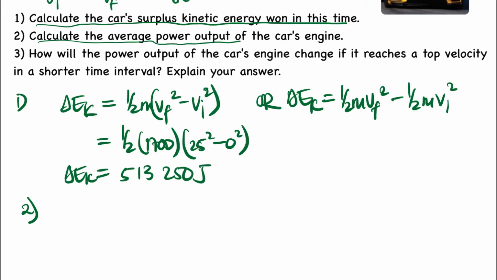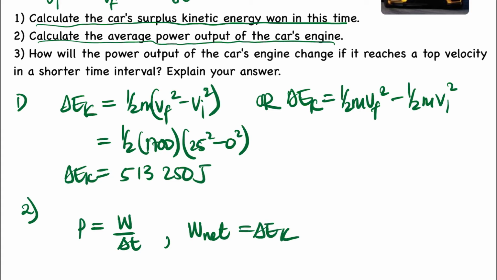Number two, calculate the average power output for the car's engine. The average power is equal to W over change in t. Where is the work done on the car by the engine? Since the net work is equal to the change in kinetic energy, now we have the work done.